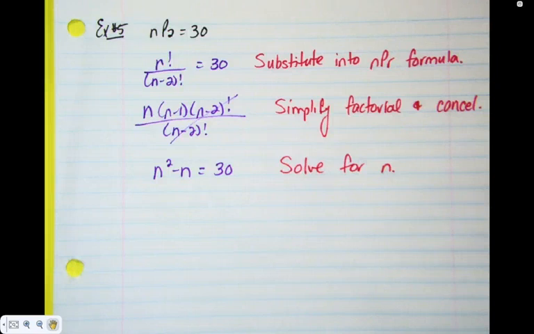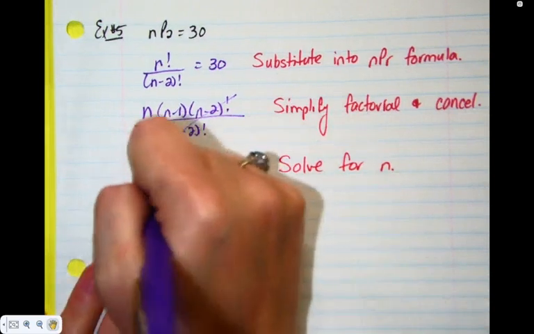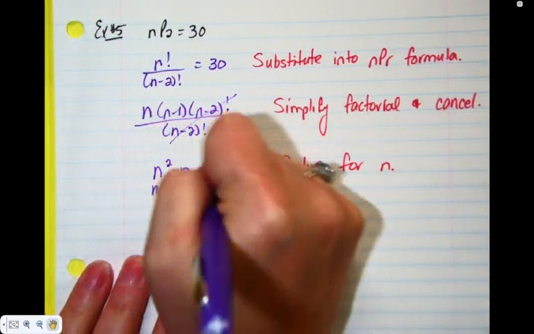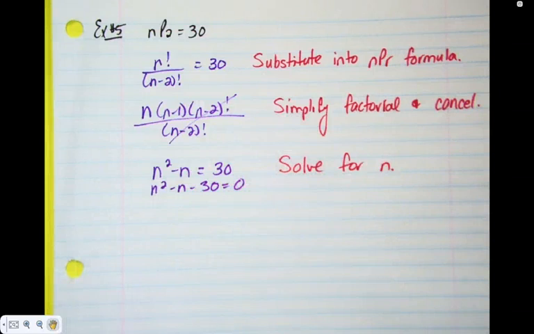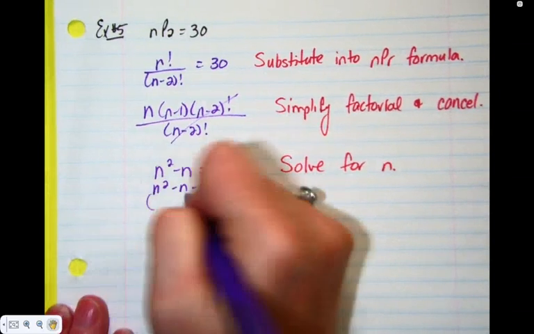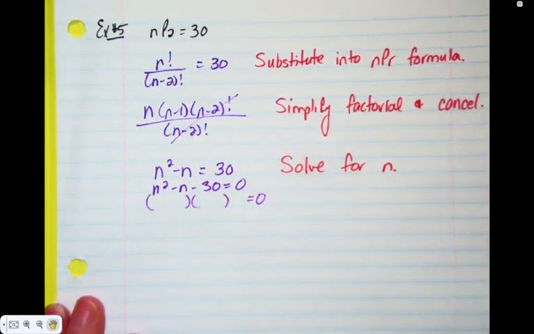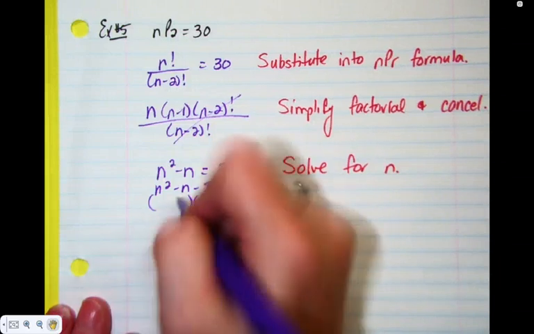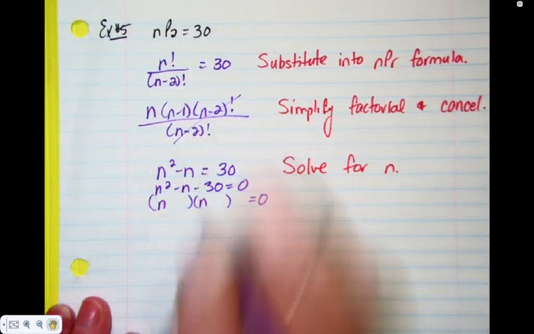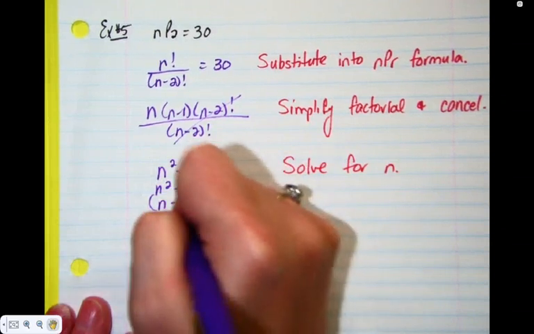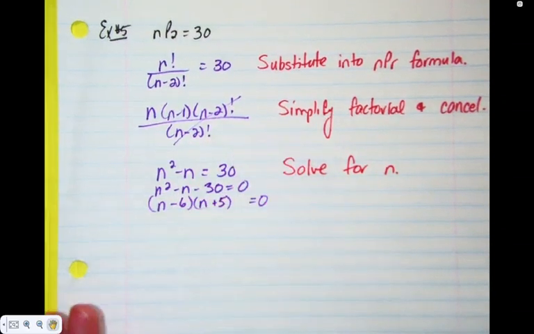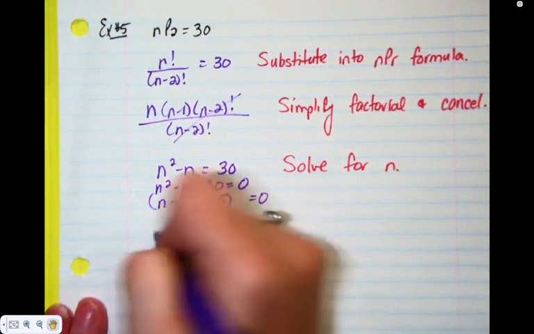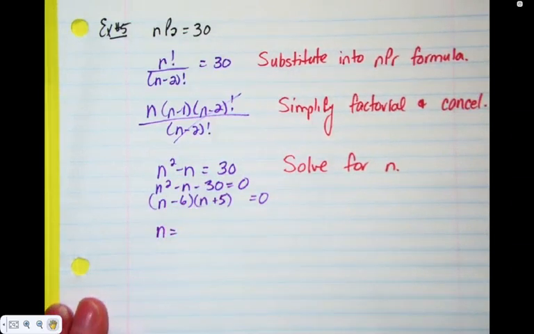Do we bring the 30 over? Confirm minus 6 plus 5. So n equals.